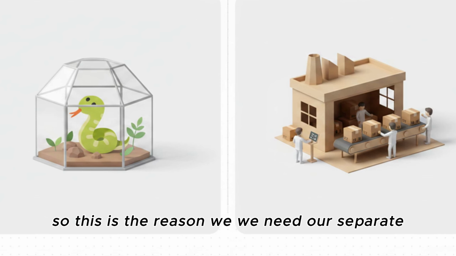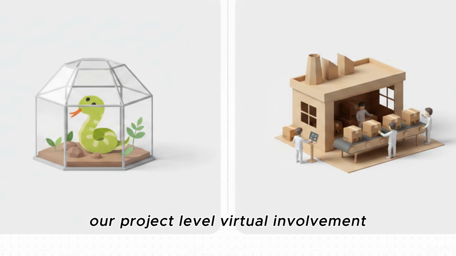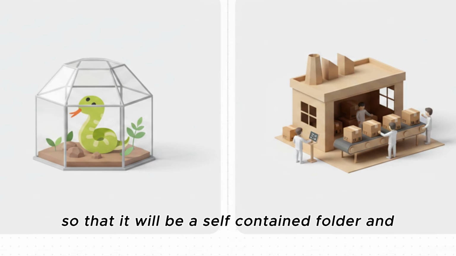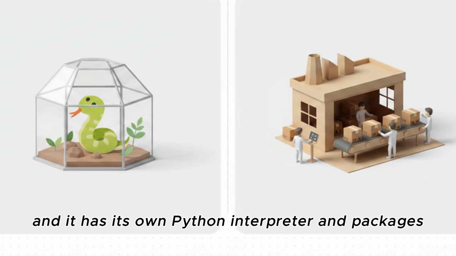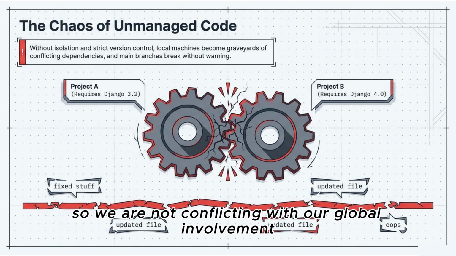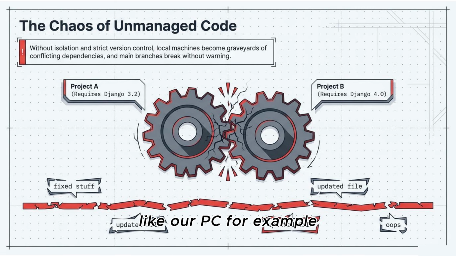This is the reason we need a project-level virtual environment: it is a self-contained folder with its own Python interpreter and packages, so we are not conflicting with our global environment, like our PC.